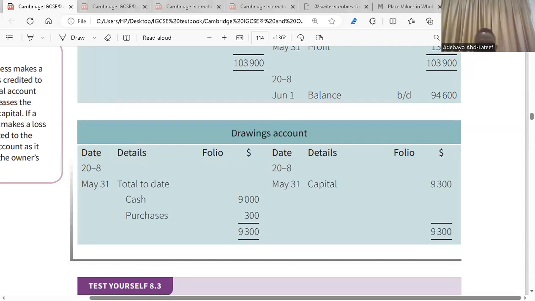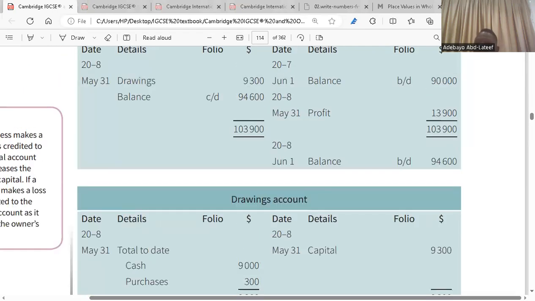So the drawings account. How do you prepare your drawings account? You have drawings already, for 9,300. Remember, drawings is on the debit side of your capital account. So if you are preparing the drawings account now, you won't write drawings anymore.